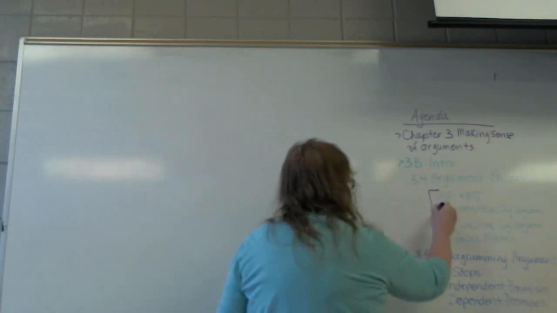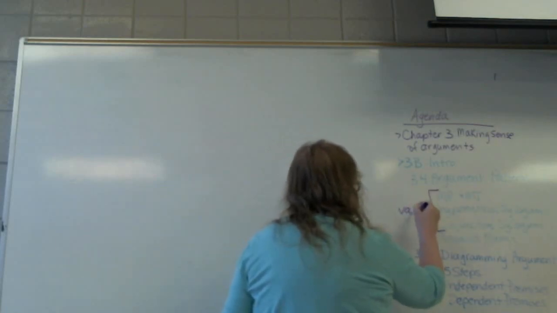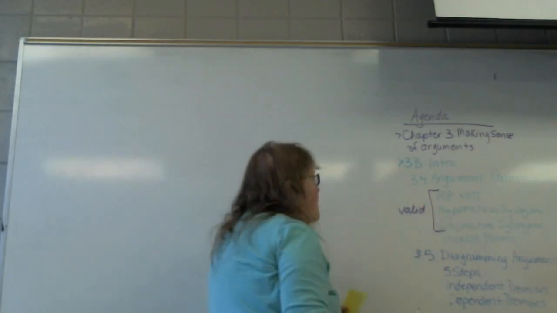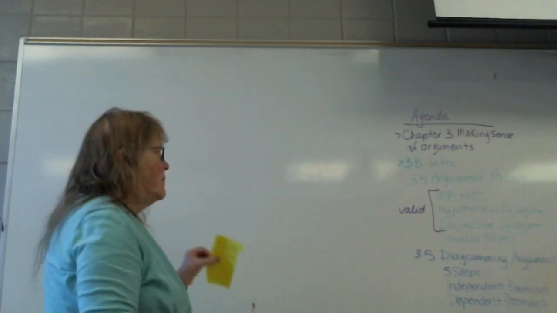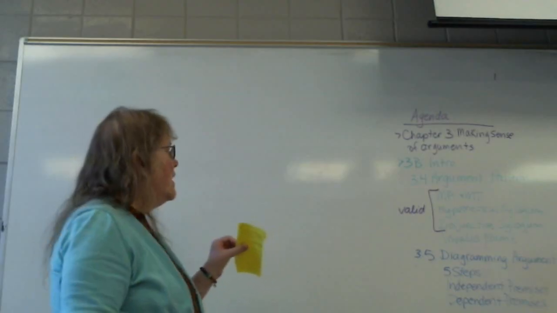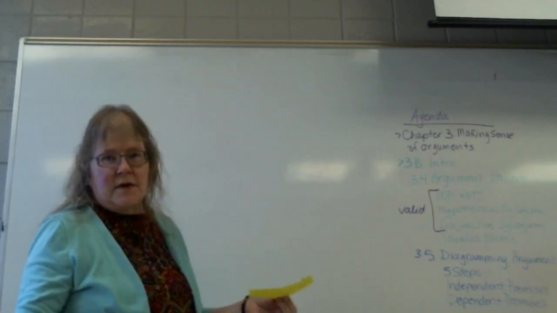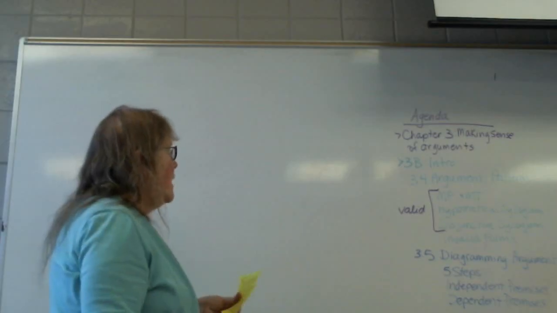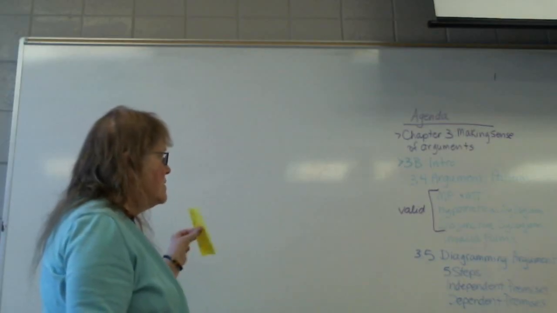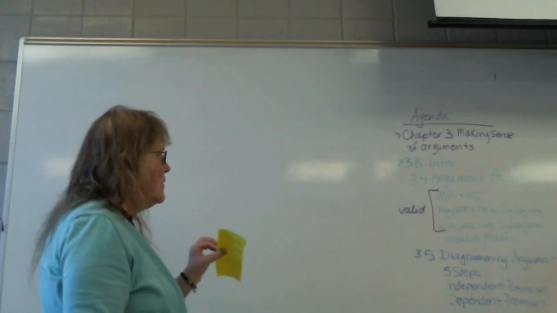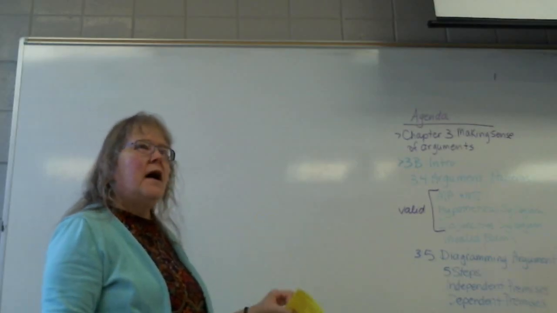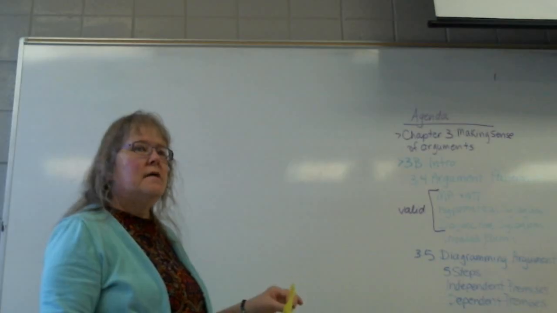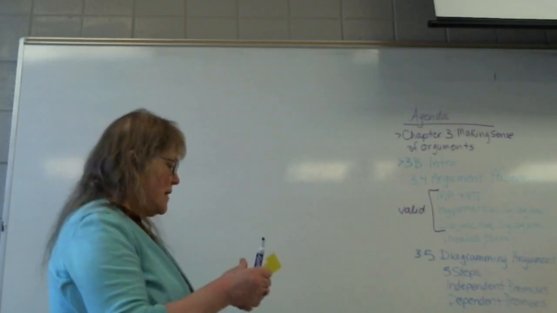These are all valid: modus ponens and modus tollens, Latin stuff that he says is not a big deal, and then we use it the whole rest of the book, so you might as well get used to it. Hypothetical syllogisms, disjunctive syllogism, and then a couple of invalid forms that are useful because they're kind of what we do, but not in the right order. So we'll get to that.